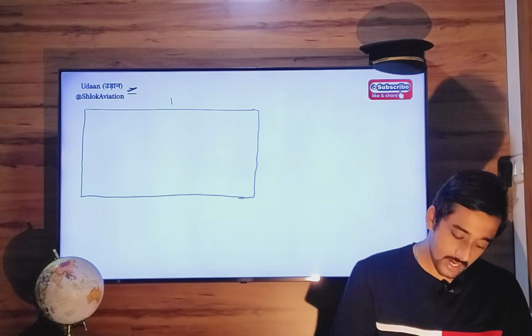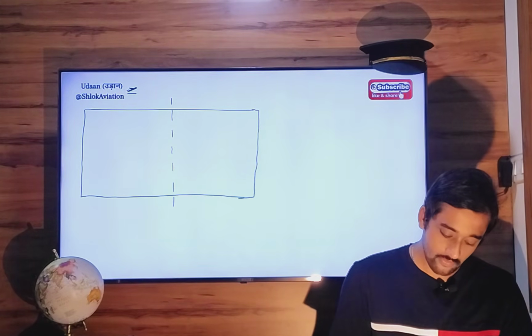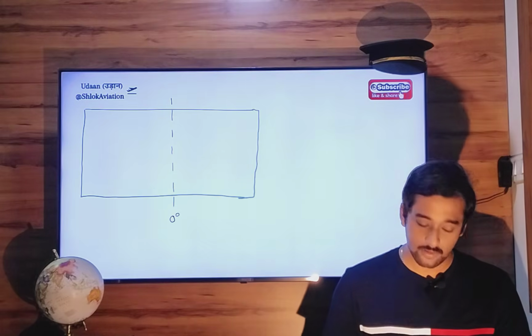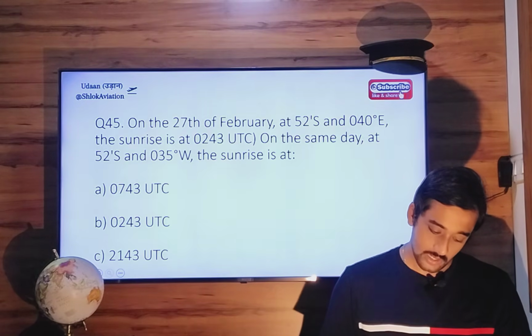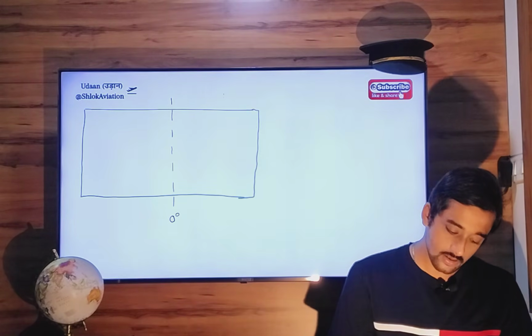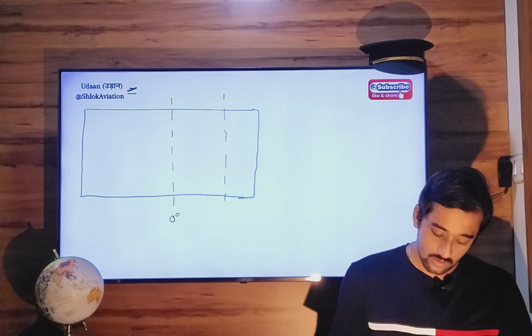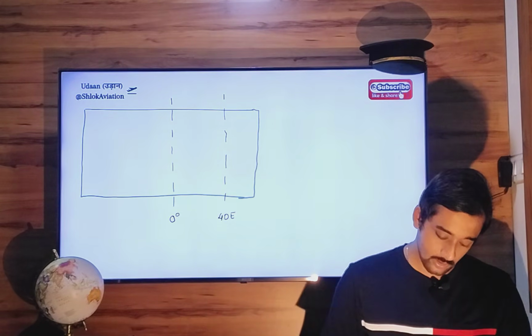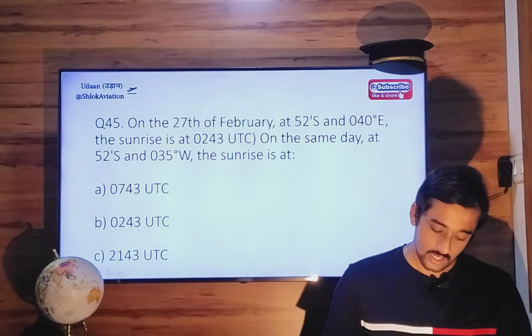This is your prime meridian, 0 degree, where UTC time is kept. The first longitude is 40 degree east. Second longitude is 35 west.